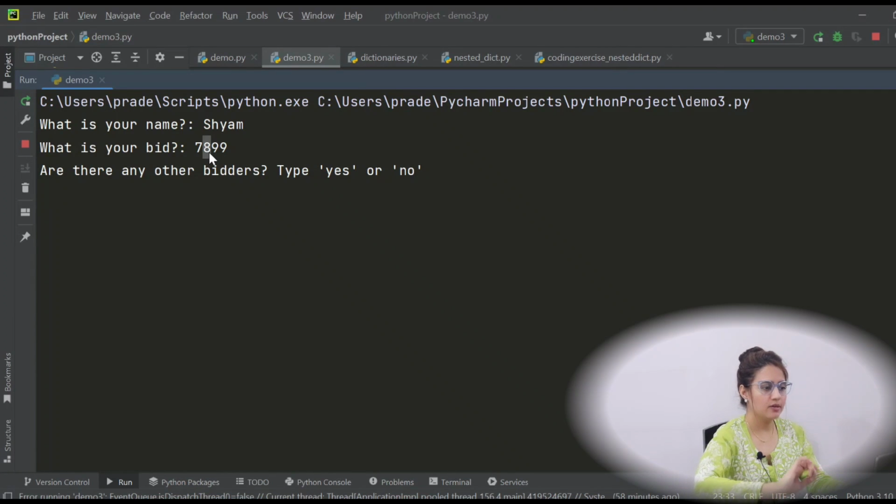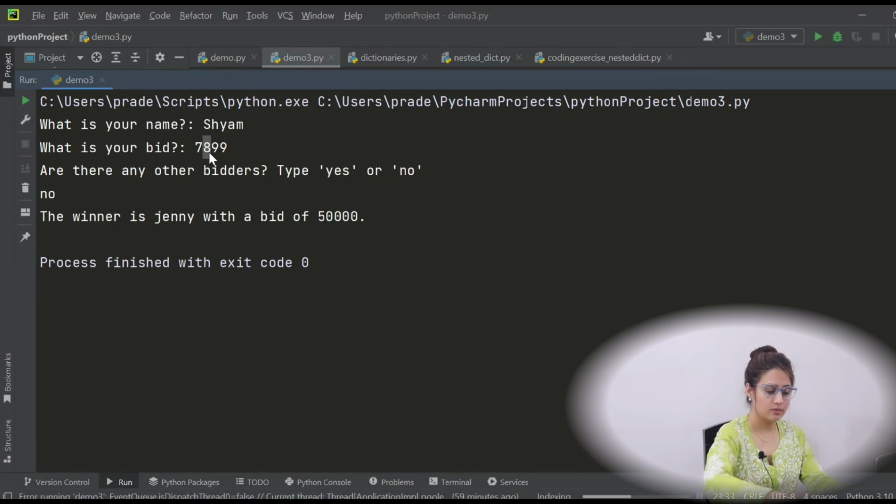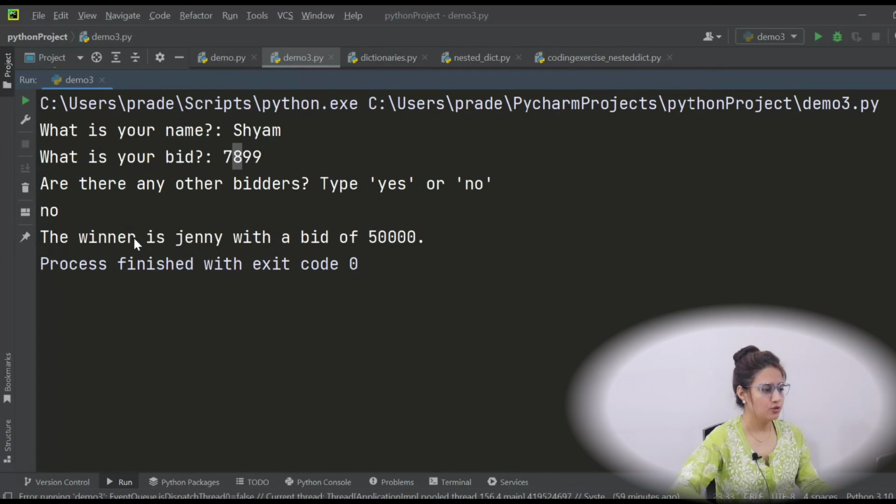Something like this. Now enter, and now I press no. Are there any other bidders? No. So let's press enter. See, it will show you the winner is Jen with a bid of 50,000, right? So this kind of thing you have to implement.